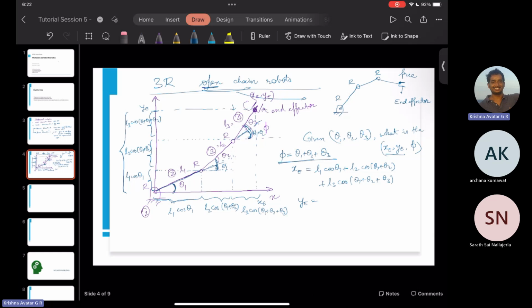Sorry, it should be sine. Yes, the sine, since this is the vertical projection. So the y coordinate of the end effector is L1 sine theta 1 plus L2 sine(theta 1 plus theta 2) plus L3 sine(theta 1 plus theta 2 plus theta 3), right?